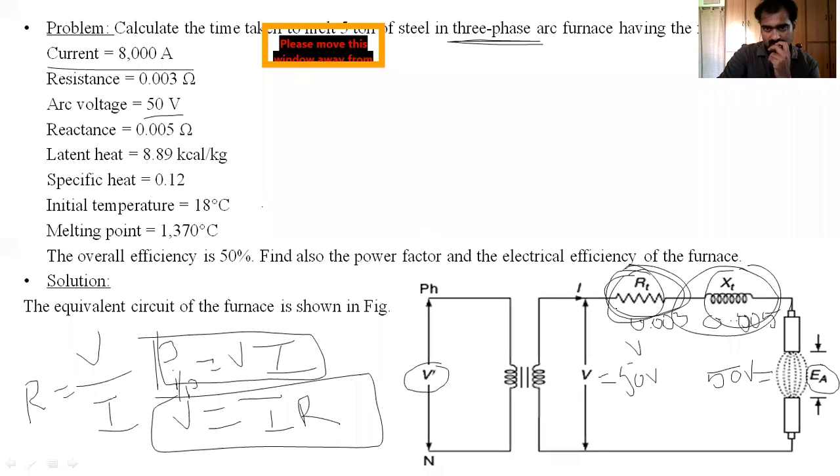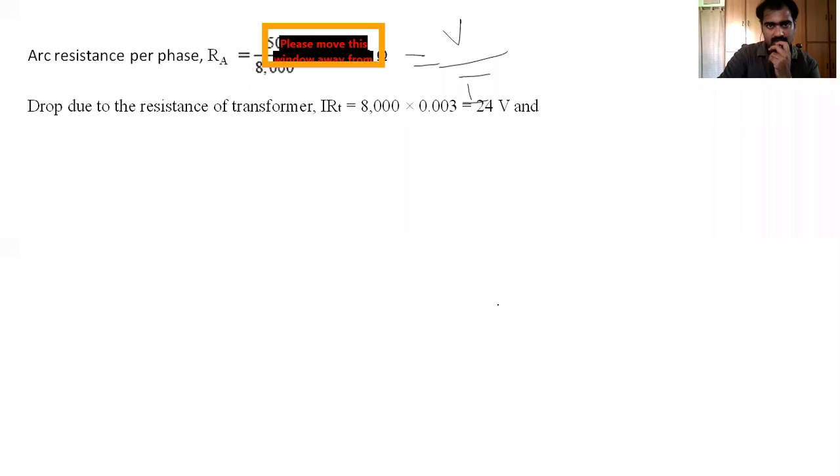Okay, the same things we have to calculate here. The drop due to the resistance of the transformer is I into RT. I, as given in the data, is 8000 amperes, into the resistance of your transformer, 0.003. So the total value is 24 volts.